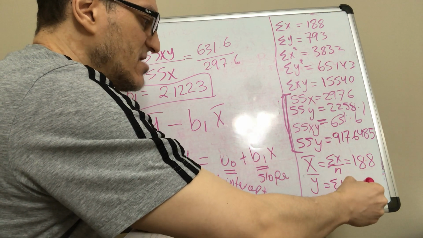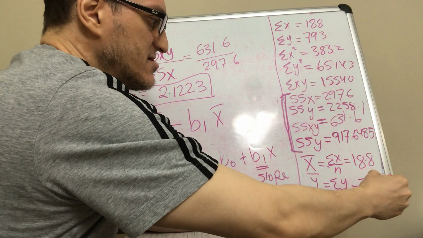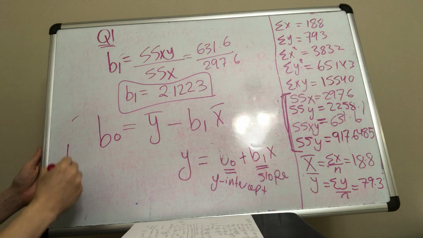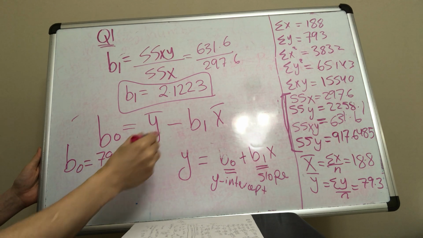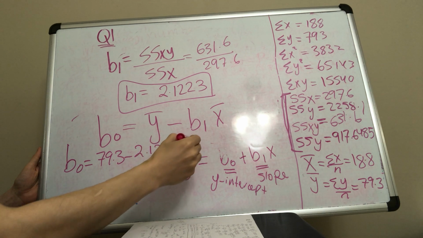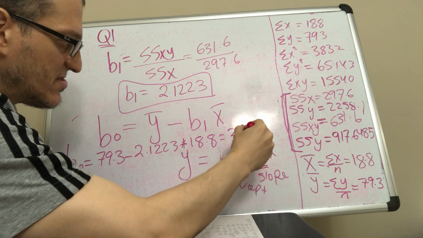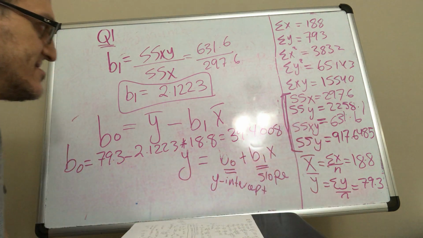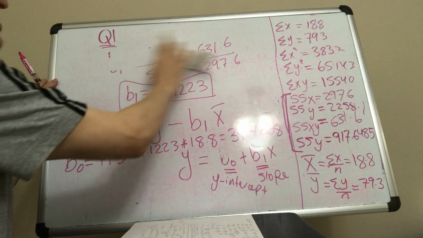Average y would be the sum of y over n, this number over 10, 79.3. So your B0 is average y 79.3, minus slope 2.1223, times average x 18.8. You do that, and that will give you 39.4008. That's your intercept.